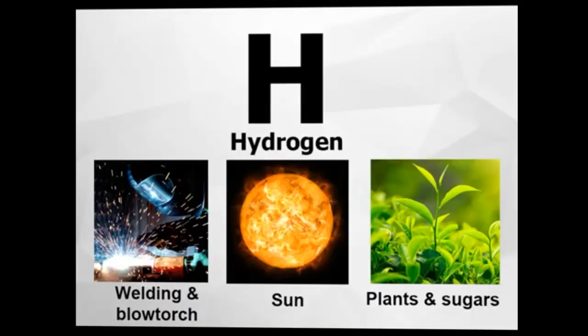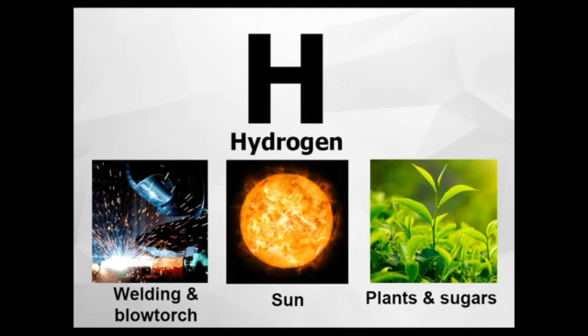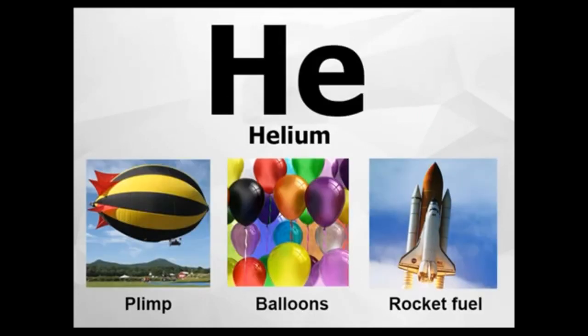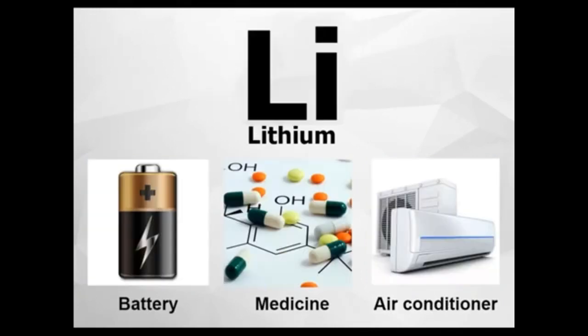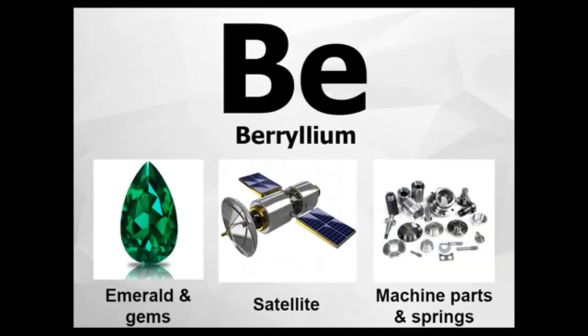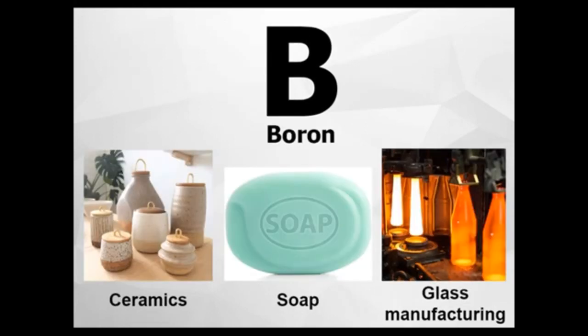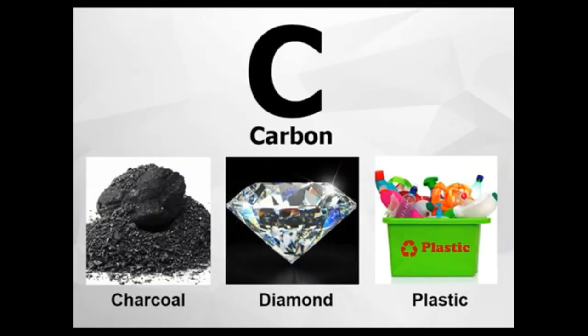We have here the elements, their symbols, and the common uses. For example, hydrogen, in the sun. Helium, in balloons, rocket fuel, planes. Then lithium in batteries, medicine, air conditioners. For beryllium, they are in satellites, emerald, machine parts, and springs. For boron, they are in ceramics, soap, glass manufacturing. For carbon, they are used in diamonds, charcoal, plastic.